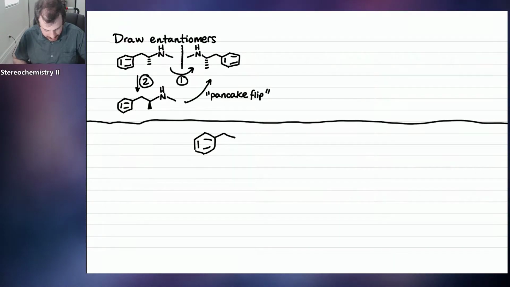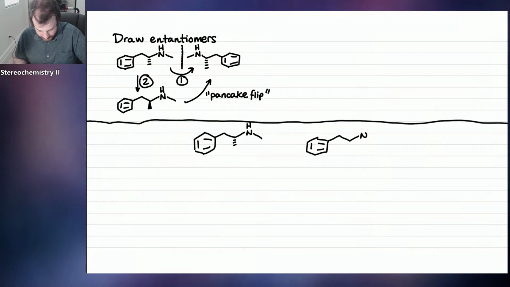And it turns out that methamphetamine, which is an illegal drug, very bad drug, has a stereocenter. It's a chiral molecule. So this is one form of methamphetamine, and there is another form of methamphetamine that looks like this. Okay. Now the form on the left is called L-methamphetamine, lowercase l.